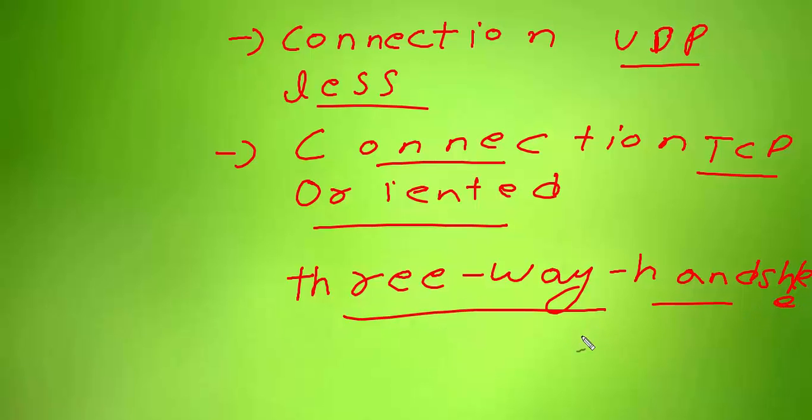Okay, three-way handshake. So if the machine wants to make a connection oriented communication, the machines first need to create a three-way handshake session between each other.